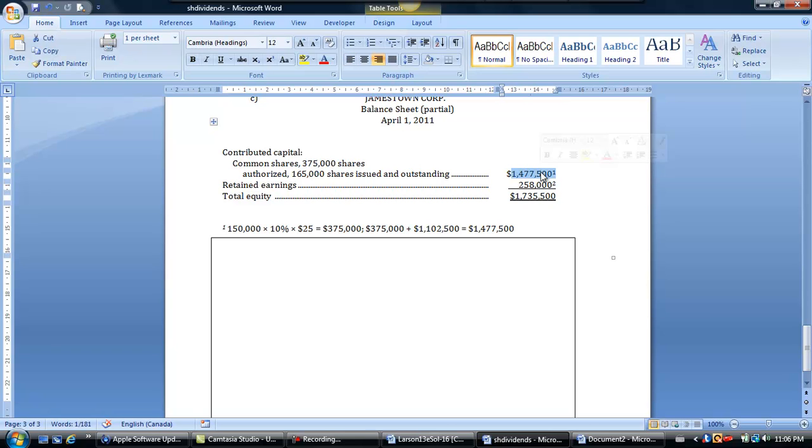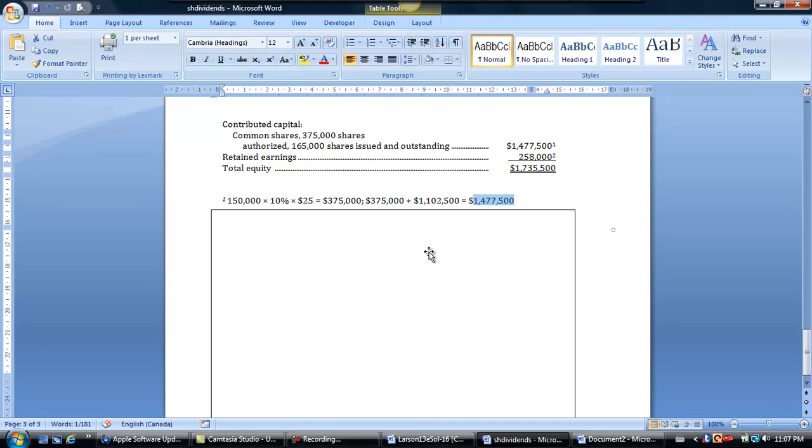It's no longer $1,102,500. It's gone up by the dollar value of the shares we've issued at the $25 per share market value. So we add that $375,000 to the $1,102,500 we began with, and we now have total common shareholder equity of $1,477,500.